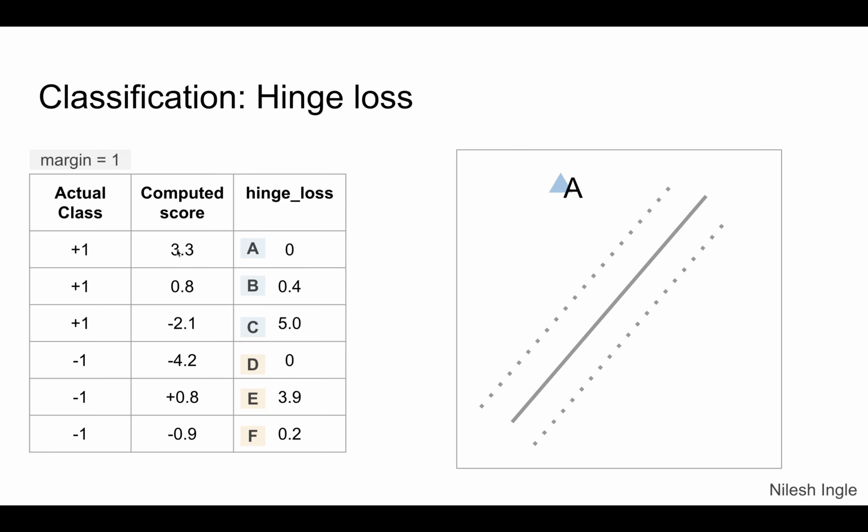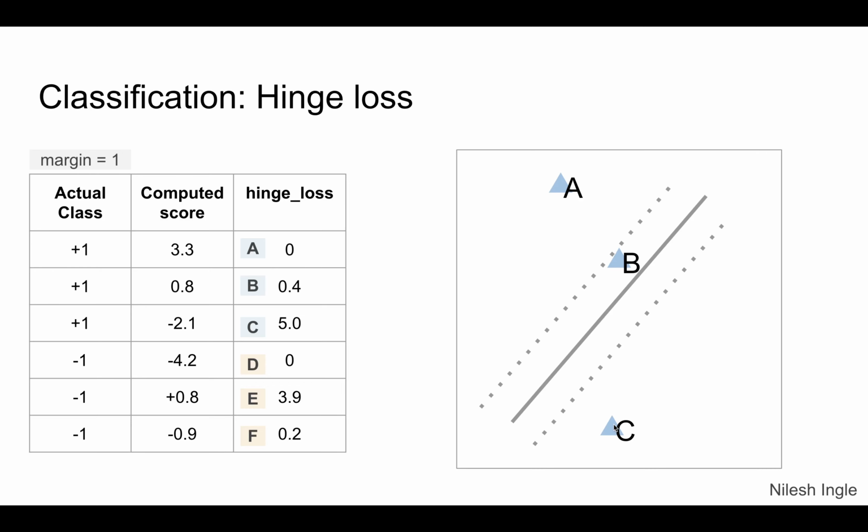There's no penalty because its computed score is positive and much larger than the margin. It's away from the margin on the correct side. The point B is on the correct side, but it's closer to the margin, and therefore there is a small loss or penalty associated with it. It is 0.4.